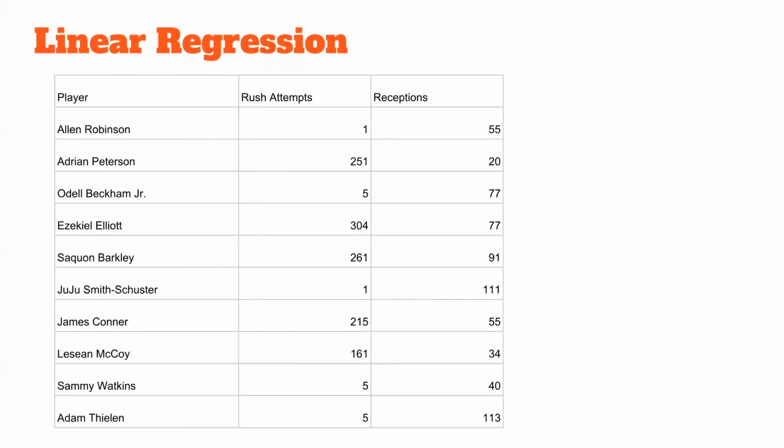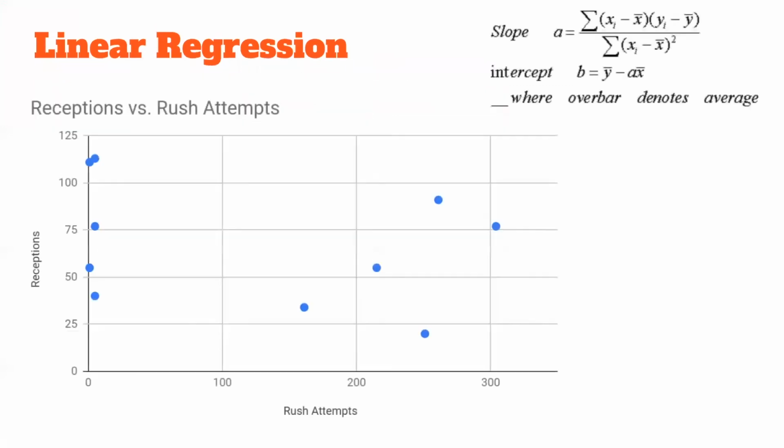But our question is, we want to be able to predict which of these players are running backs and which are wide receivers, just looking at the rushing attempts and the receptions. This is a very simple example. So we plot them. Now, this is a two-dimensional plot.